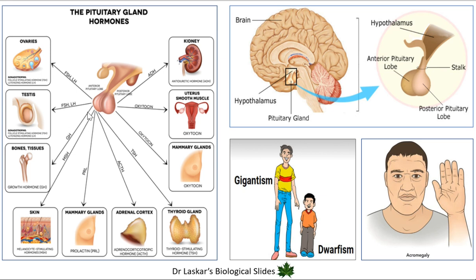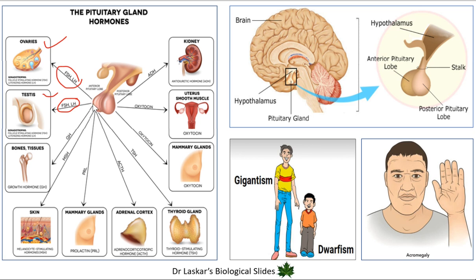Now FSH and LH, which are commonly called GSH or gonad stimulating hormone, work on the gonads, that means the ovaries in the female body and the testes in the male body. LH and FSH stimulate gonadal activity and hence are called gonadotropin hormones.